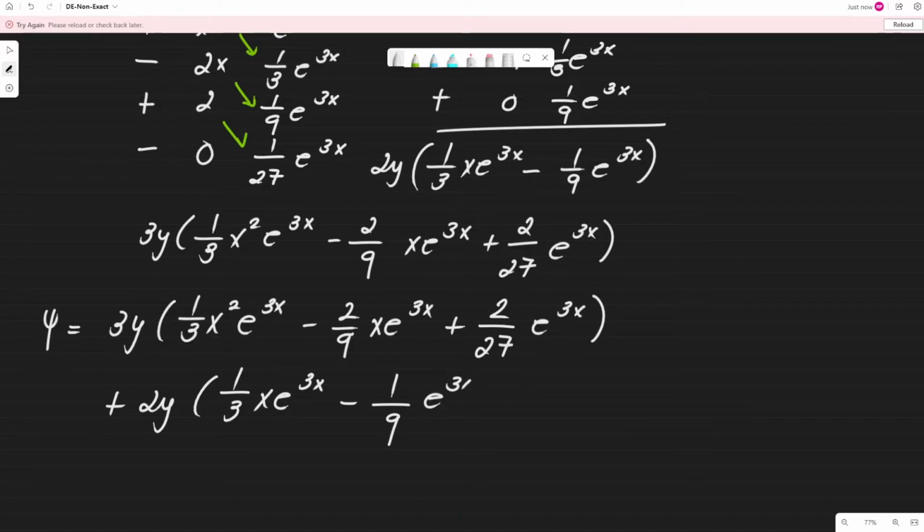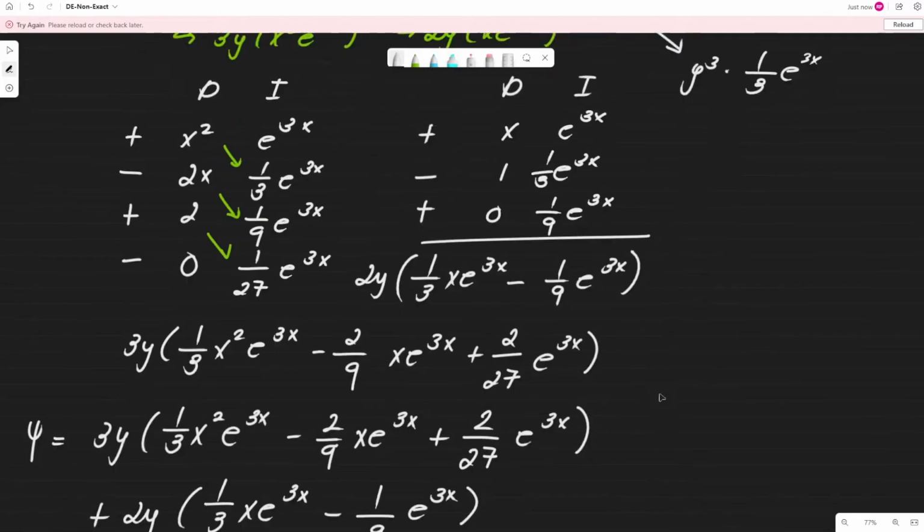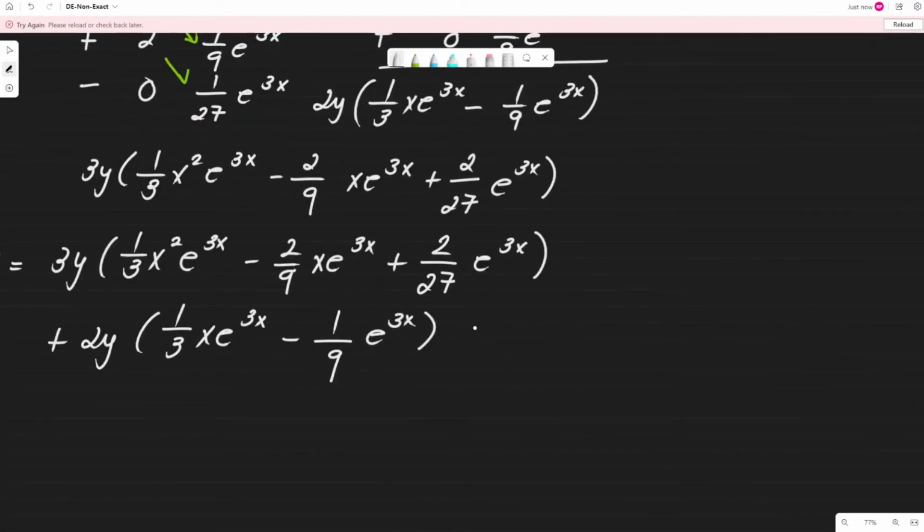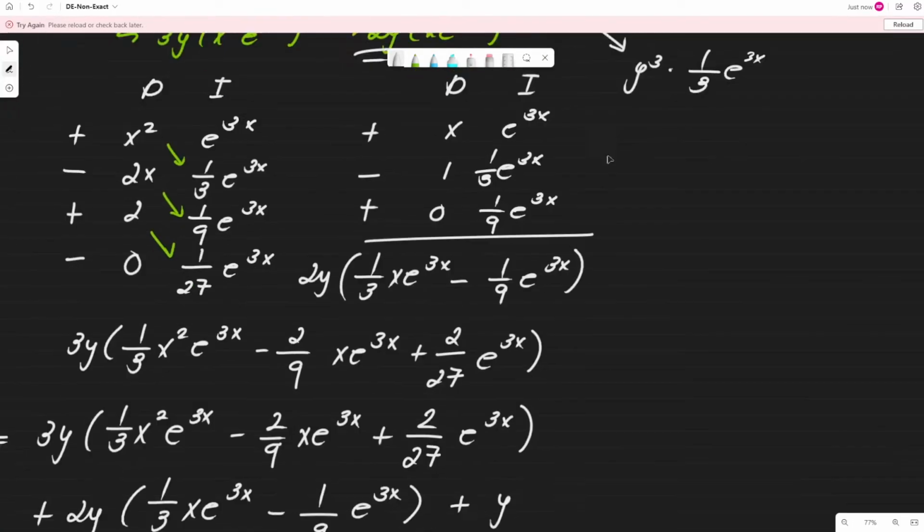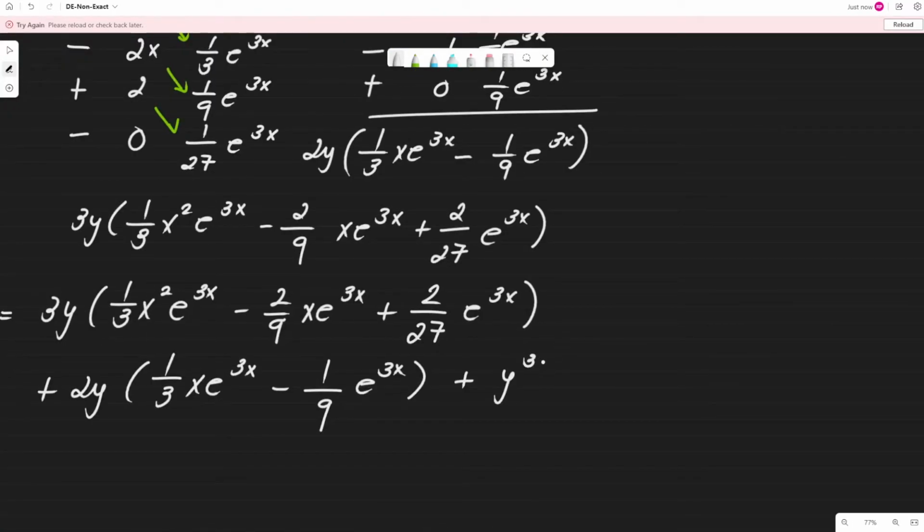Then the one left is plus y cubed times 1/3 e raised to 3x.